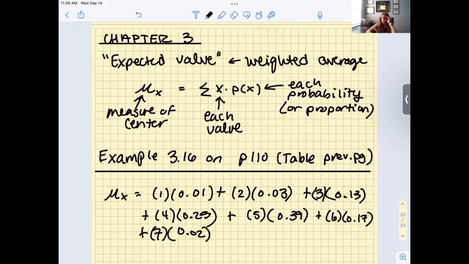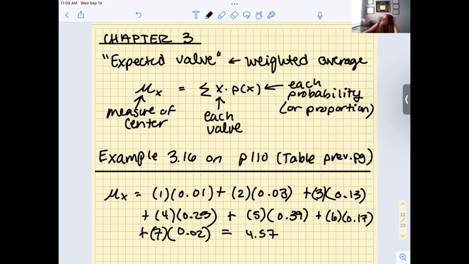So you multiply them, you add them up, what do you get? 4.57.